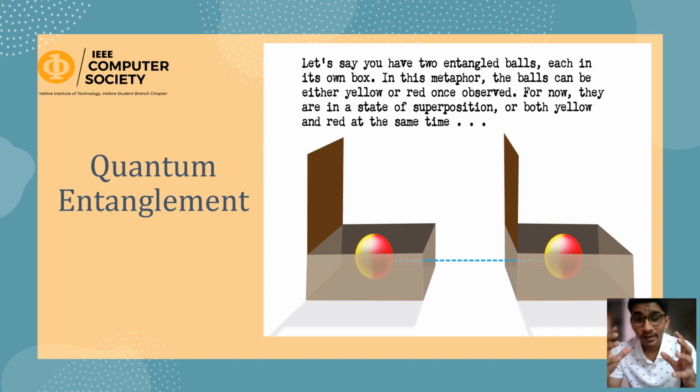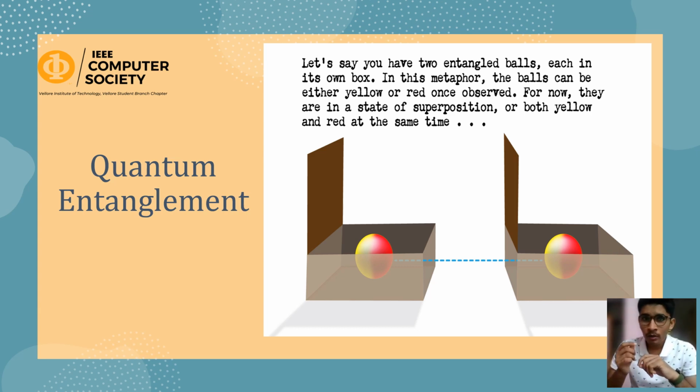Now we'll understand quantum entanglement, which is one of the basic, important principles behind how quantum computers work. But before understanding that, I'll explain a very small, easy example. If you have samosa and pakoda in two boxes, without opening the box, you cannot define what would be inside it.